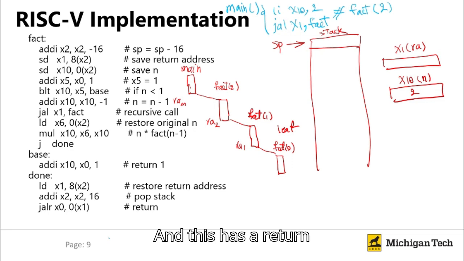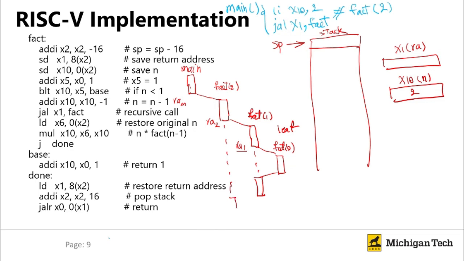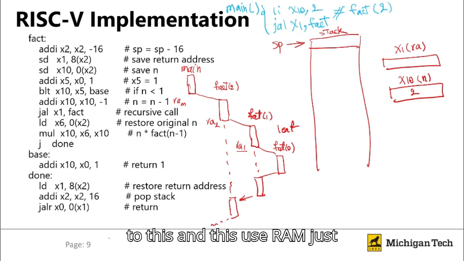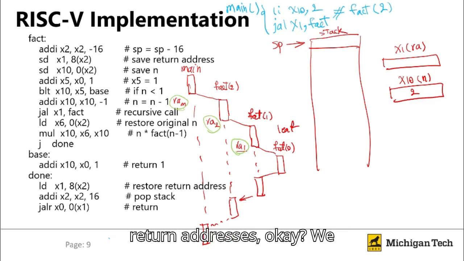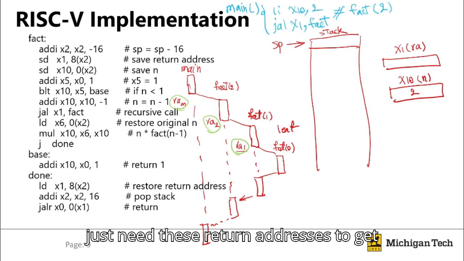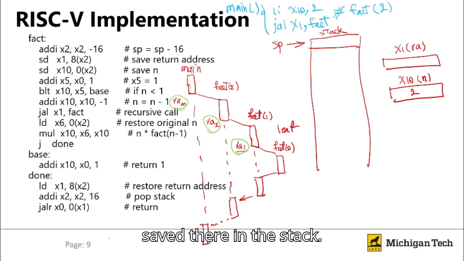It returns to factorial 1 using this, and this also uses RA2 to jump to this, and this uses RAM just to come back to main. Okay, so we need these return addresses saved in the stack. Let's see what's happening in the stack now.